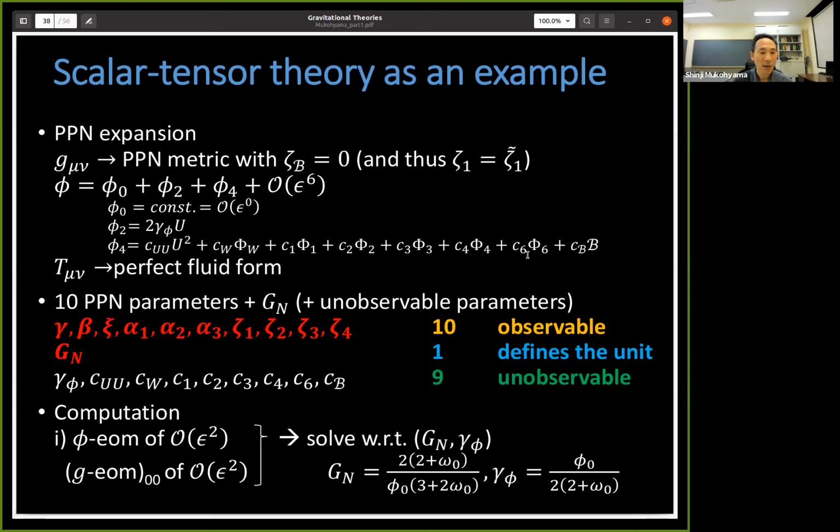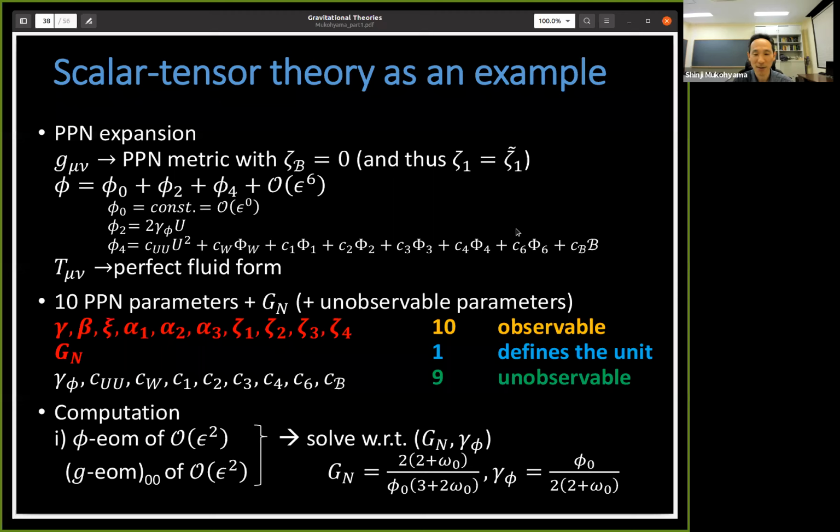Then we of course consider T mu nu in perfect fluid form, as in the standard PPN. Then we have 10 PPN parameters and Newton's constant. Newton's constant here is a derived quantity, not a given quantity. And there are also a lot of unobservable parameters, I mean gamma phi, UCC, and so on.